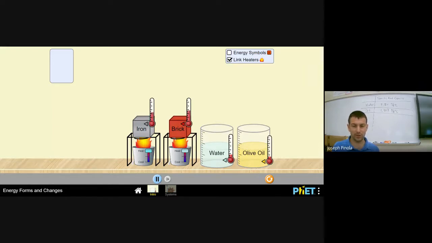Notice the temperature of the brick is rising, as is the temperature of the iron. But the temperature of the brick has gone up by a little bit more than the temperature of the iron. That's because brick had a lower specific heat capacity, and therefore it was a lot easier to change the temperature of the brick.